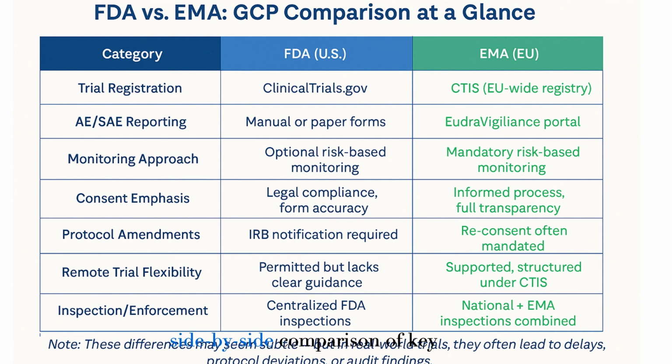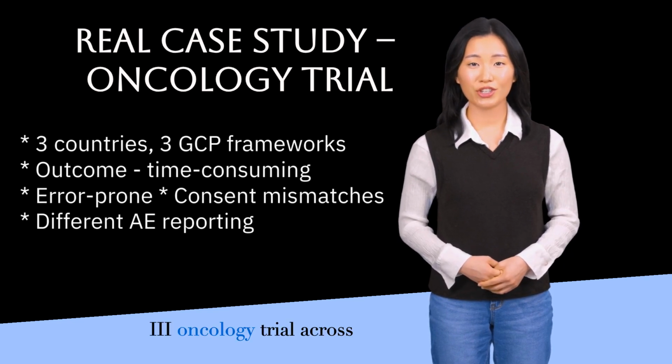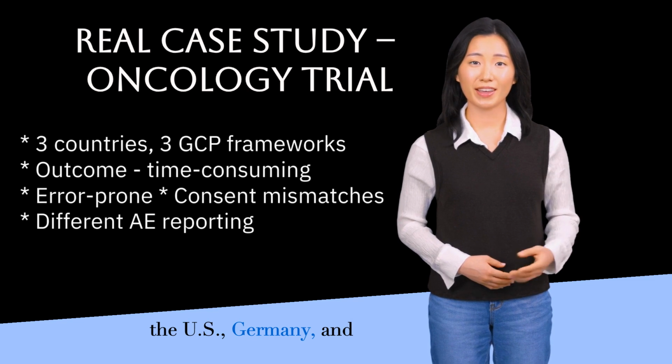Let's look at a side-by-side comparison of key GCP elements between the FDA and EMA. These differences may look subtle on paper, but in practice, they can trigger delays, protocol deviations, and audit findings. Let's say you're a sponsor managing a Phase 3 oncology trial across the US, Germany, and Spain.